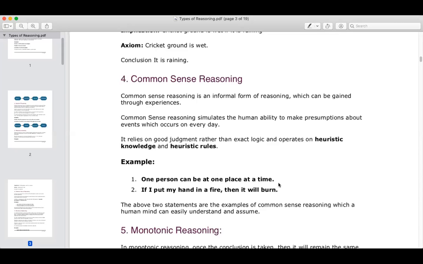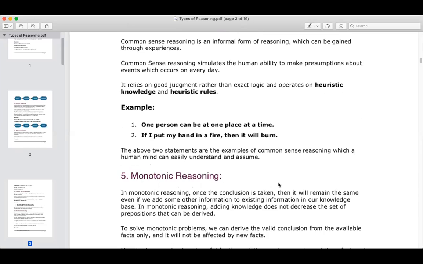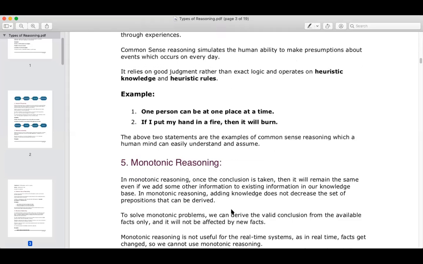Next is the monotonic reasoning. Then monotonic reasoning, once the conclusion is taken, then it will remain the same even if we add some other information to existing information in our knowledge. Yes. So in monotonic reasoning, adding knowledge does not decrease the set of propositions that can be derived.